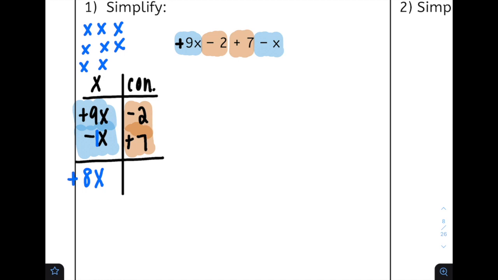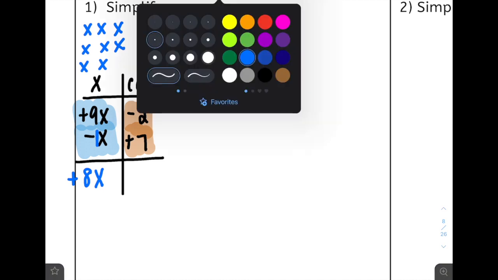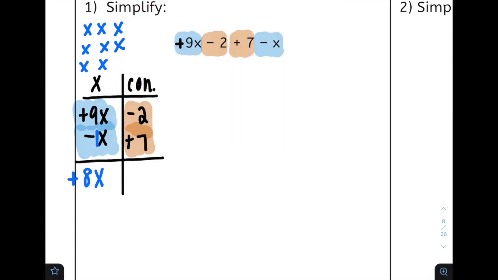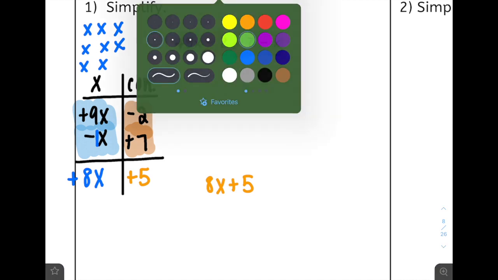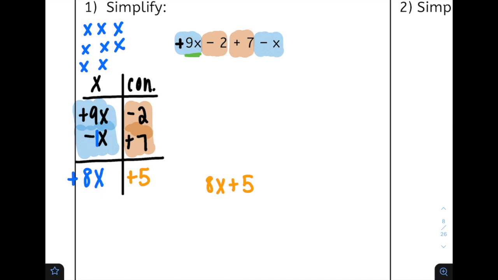Here we have -2 plus 7. If I add 7 to -2, I'm going to get a +5. So in order to get my simplified expression by combining like terms, I would get 8x plus 5. If you do not want to use the table way, you can rearrange your expression. So I would want to keep my like terms together.